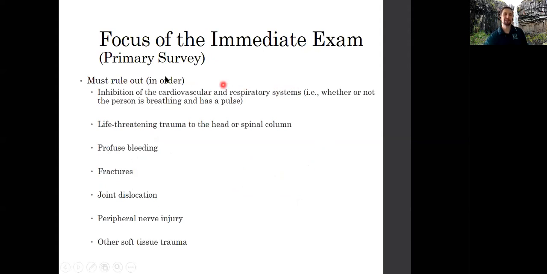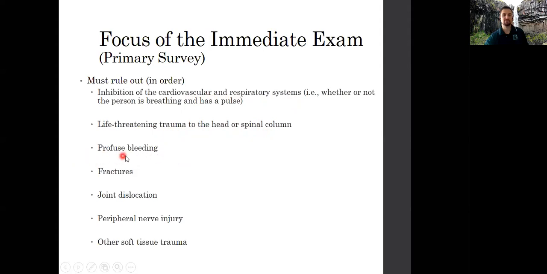Okay. So that's our primary survey, right? Things that are life-threatening. And then the order that you rule them out. So cardiovascular system, so heart attack, stroke, breathing, respiratory, that's the most important thing, right? Are they breathing, and is the heart pumping? Head, neck, and spine, trauma, profuse bleeding, right?